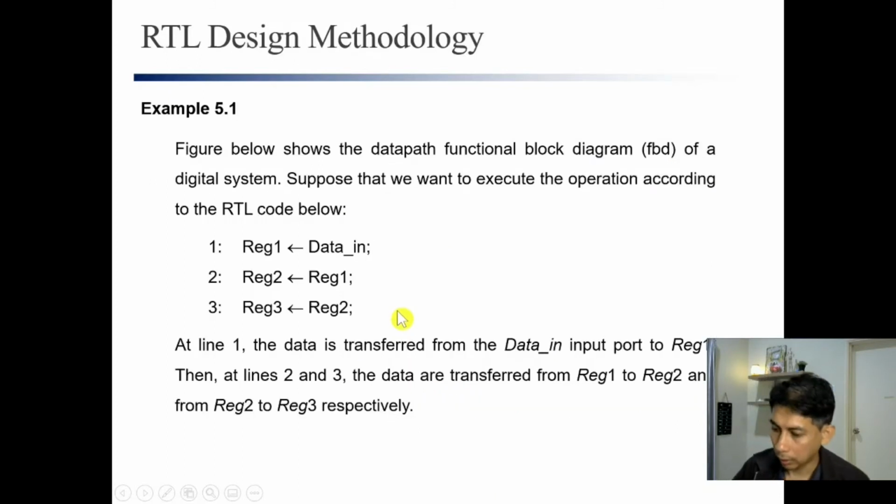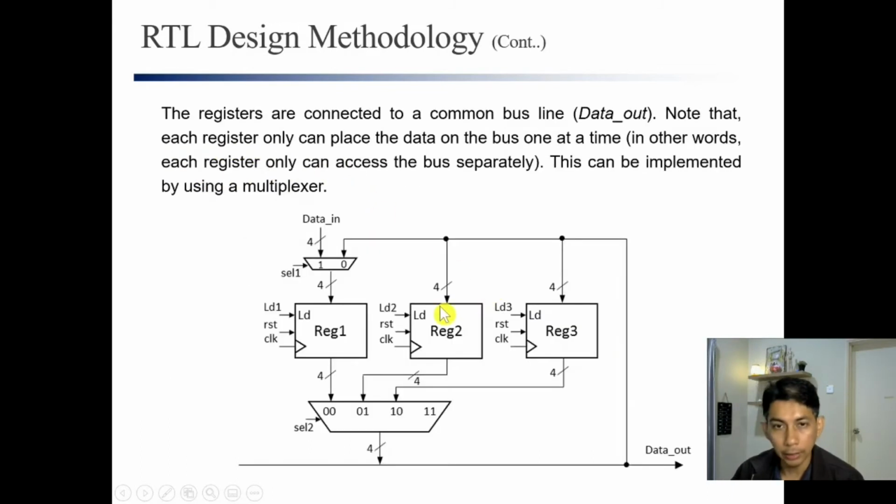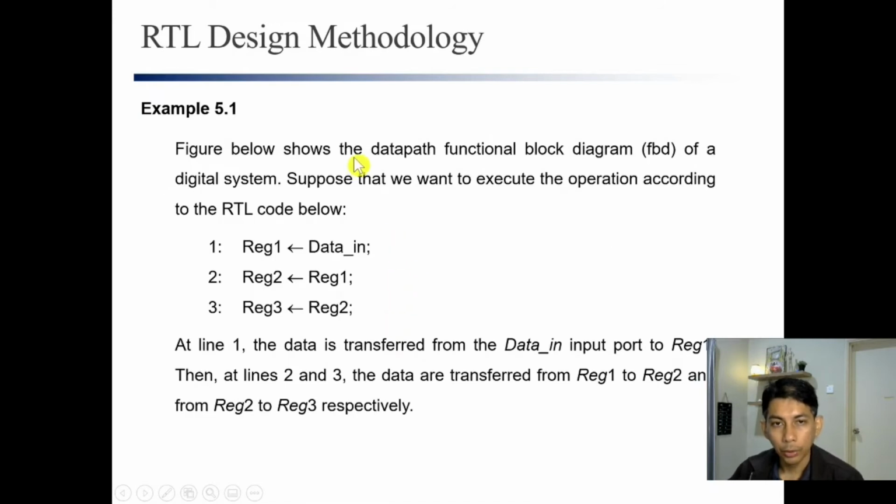Okay, so let's look at this example for better understanding of this RTL design. For example, we want to do the figure below. Actually, this is the figure in the next slide, which shows the data path functional block diagram of a digital system.